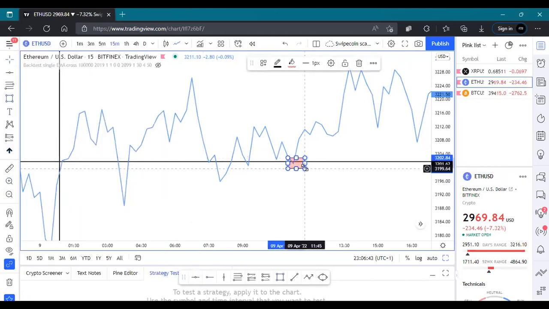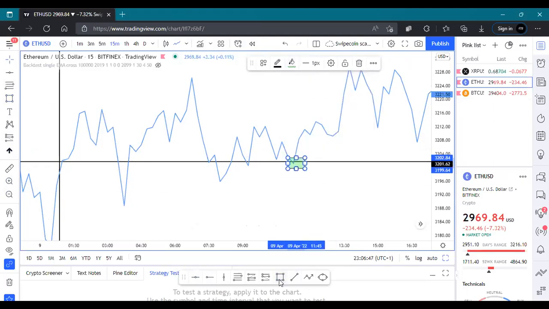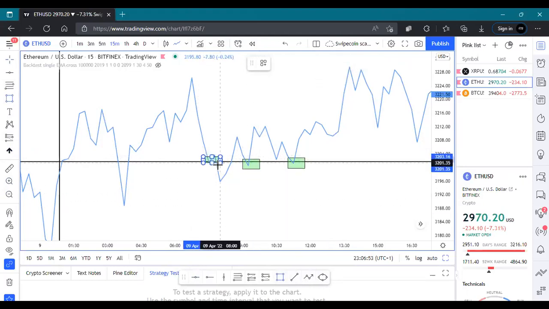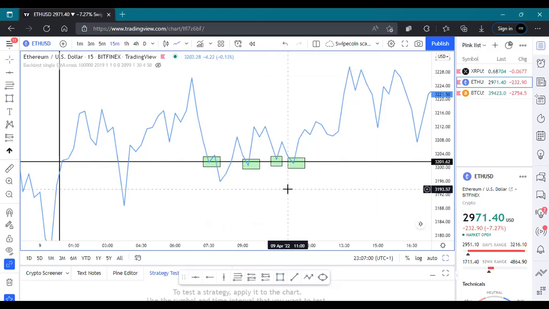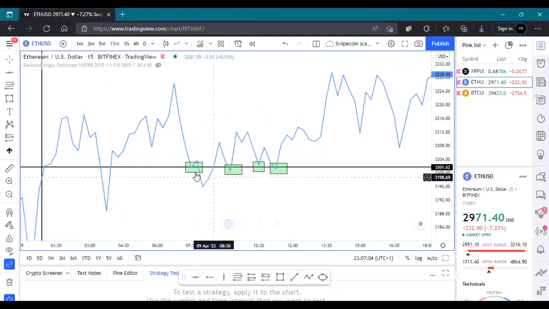This is 1, this is another one, this is another one here. 3 bounces, and this one is also here. So we got about 4 bounces. So I can tell myself that this place is a good support area.